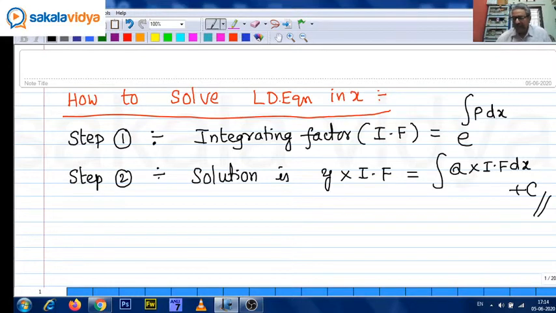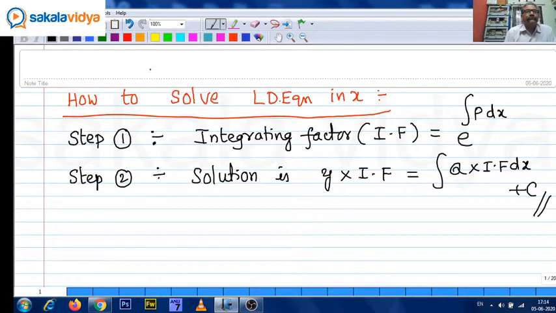But generally in the examination, even an ECET or any competitive entrance examination, you may be asked to find the integrating factor. That's all. Integrating factor means e to the power of integral p dx itself only. Sometimes you may be asked the solution also. Don't get any confusion.